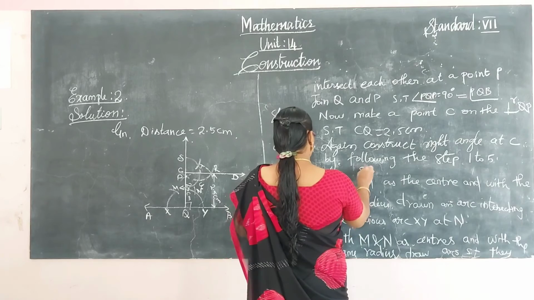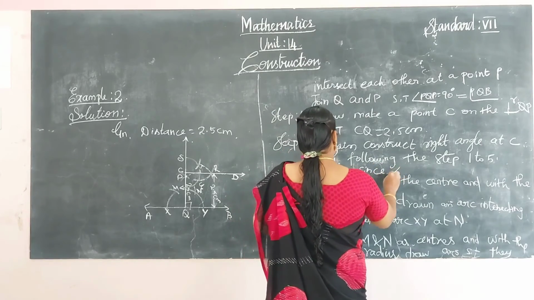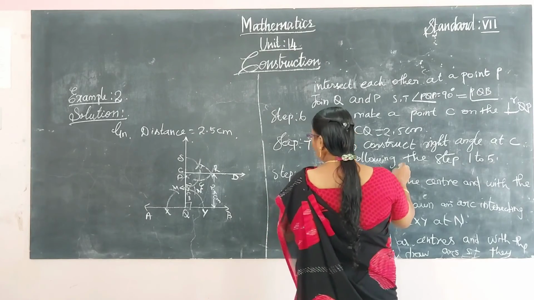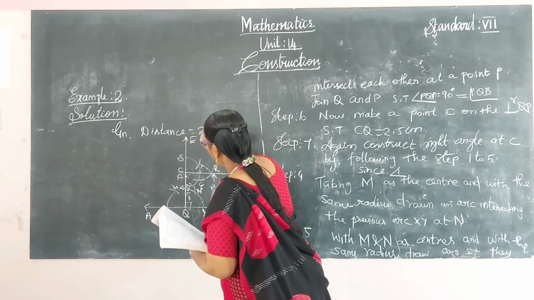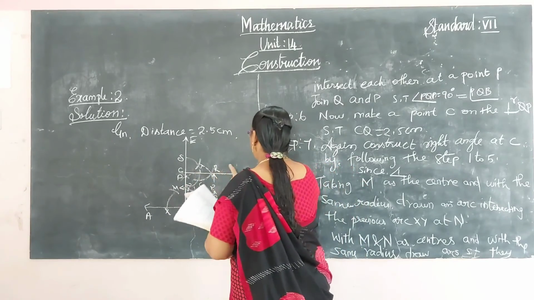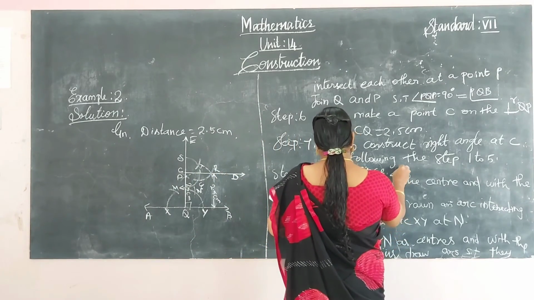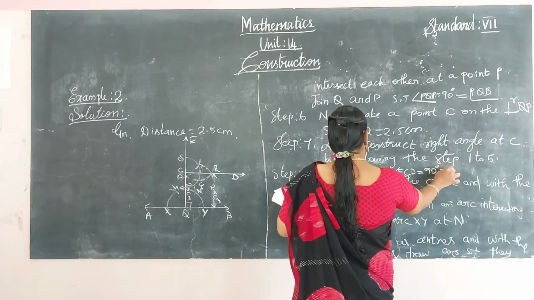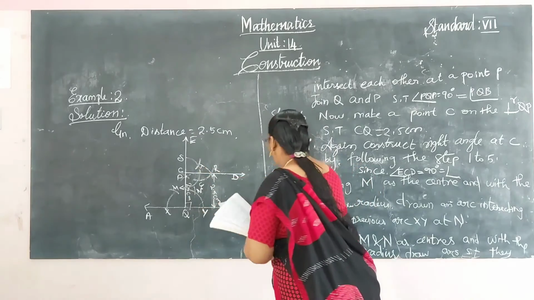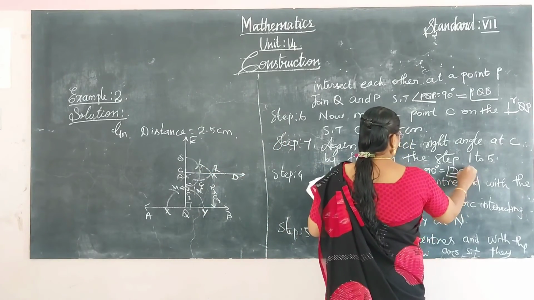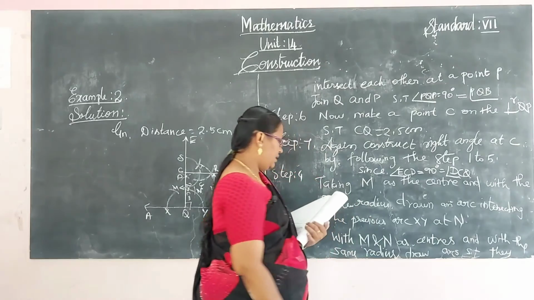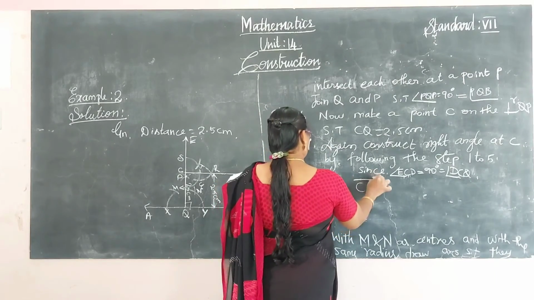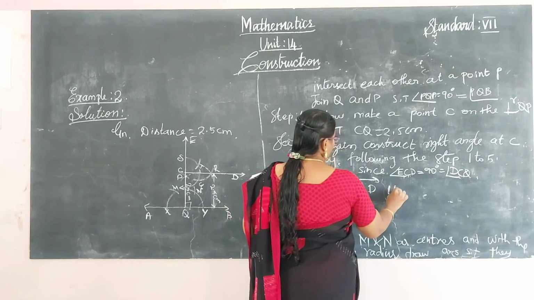Then, since the angle here is denoted E, the angle ECD is equal to 90 degrees, as well as the angle DCQ, which is also 90 degrees. So the line CD is parallel to AB.